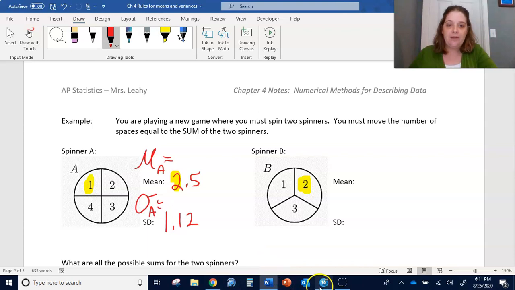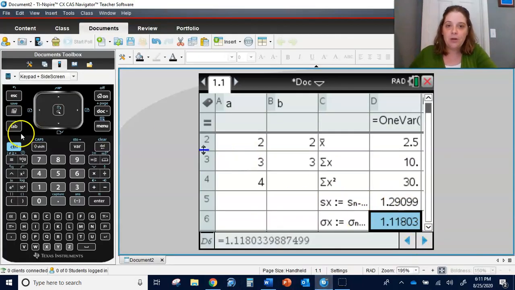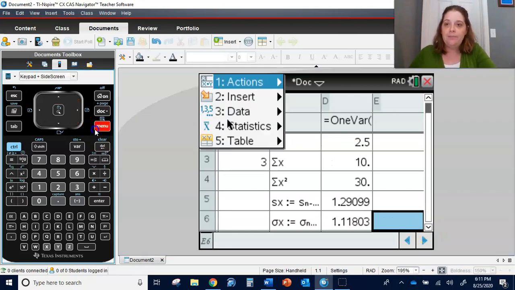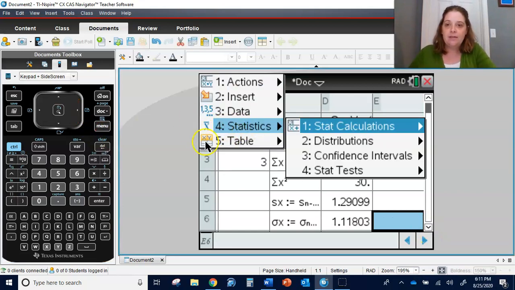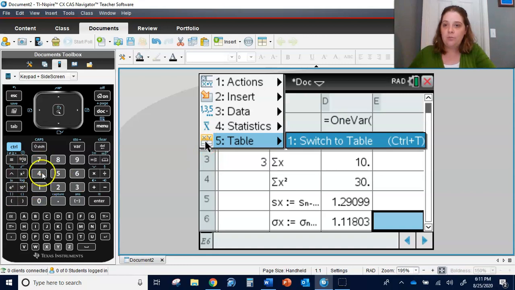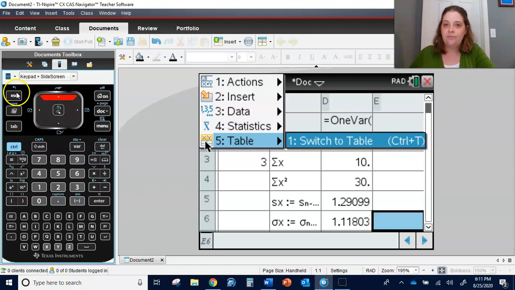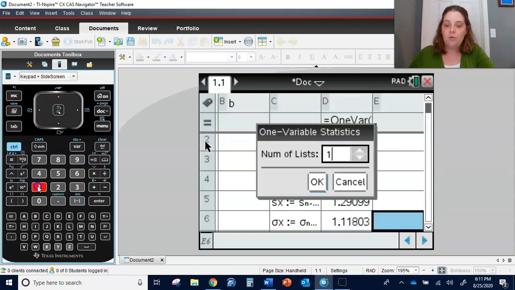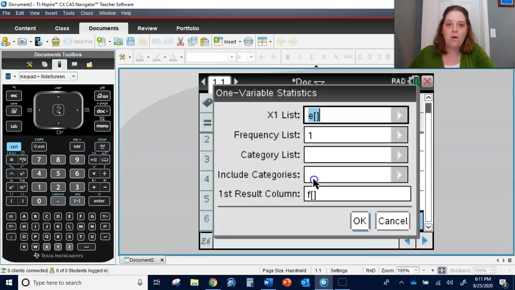All right, I'm going to go back to my calculator and run this next value. So I'm going to go over one more column. I'm going to do B: menu, statistics, stat calculations, one variable statistics. I've got one list.